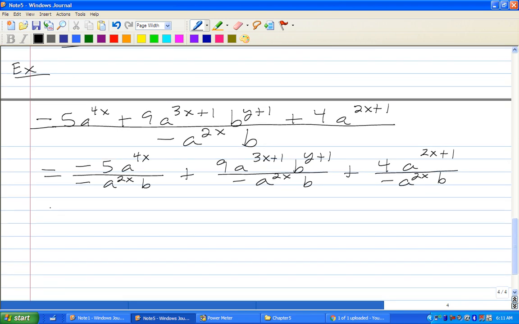So this is equal to negative divided by negative will be positive. I have a 5 in the numerator.